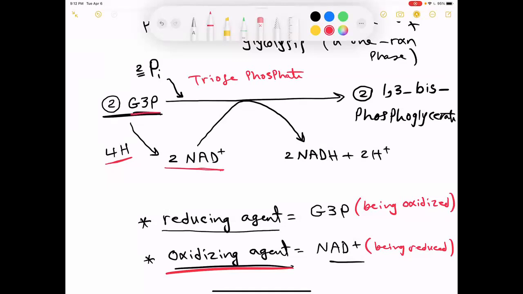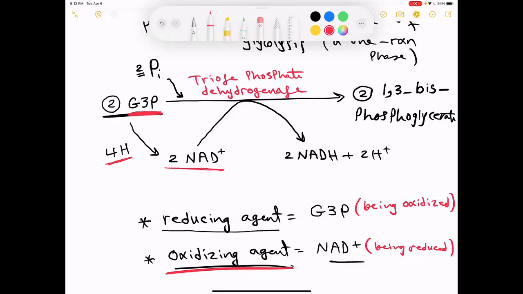They are referring to this. That's a triose phosphate, because glyceraldehyde 3-phosphate is a triose. It's a glyceraldehyde with a phosphate group. What is the enzyme doing to it? Dehydrogenating it, because it's taking hydrogen away from it. Hence, the full name, triose phosphate dehydrogenase.